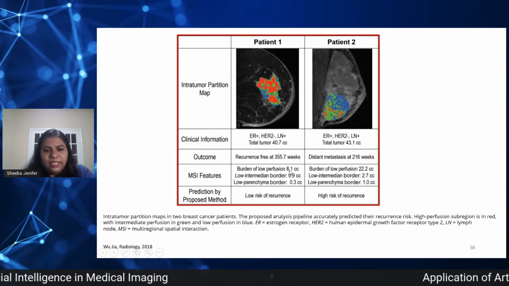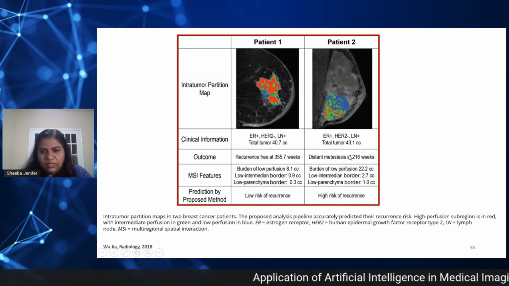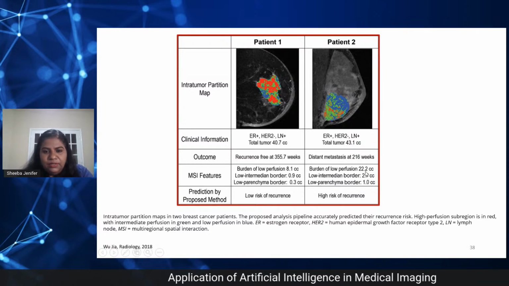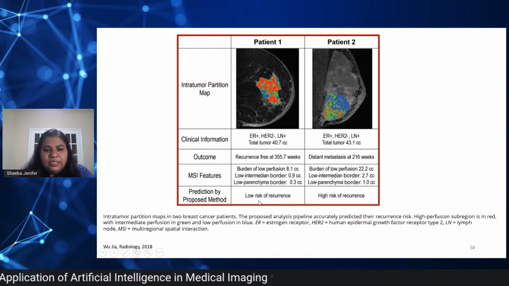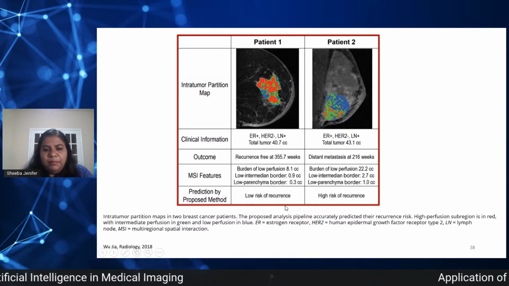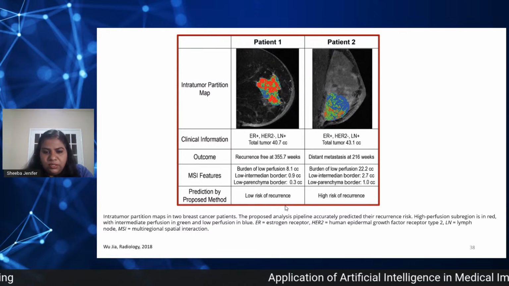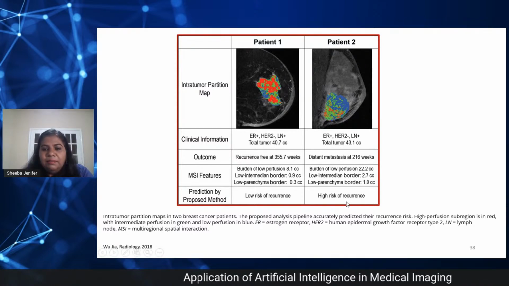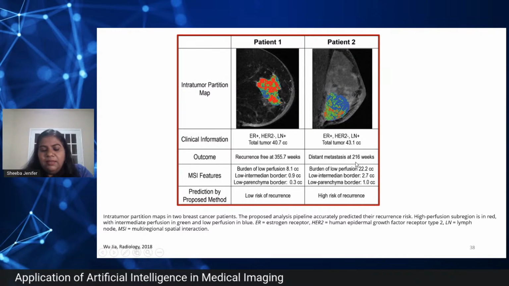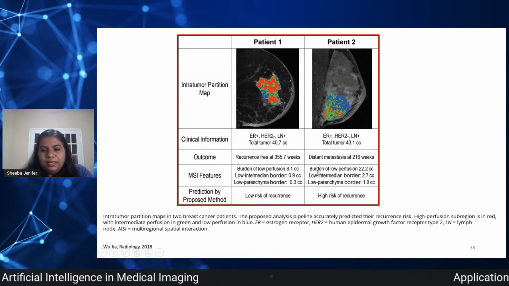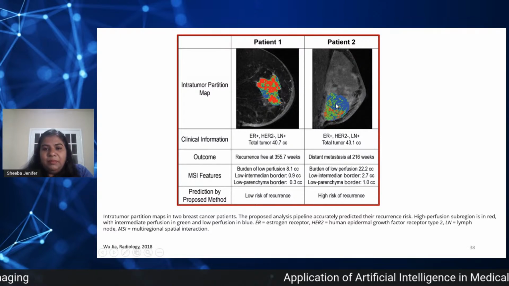Here you can see all the MRI features are low, whereas all the MRI features are very high when compared to this patient. So this patient has a low risk of repeating cancer. Like the cancer has gone, but there's a low risk of it coming back. But there is a high risk of cancer repeating in this patient because of how the tumor looks in the imaging.